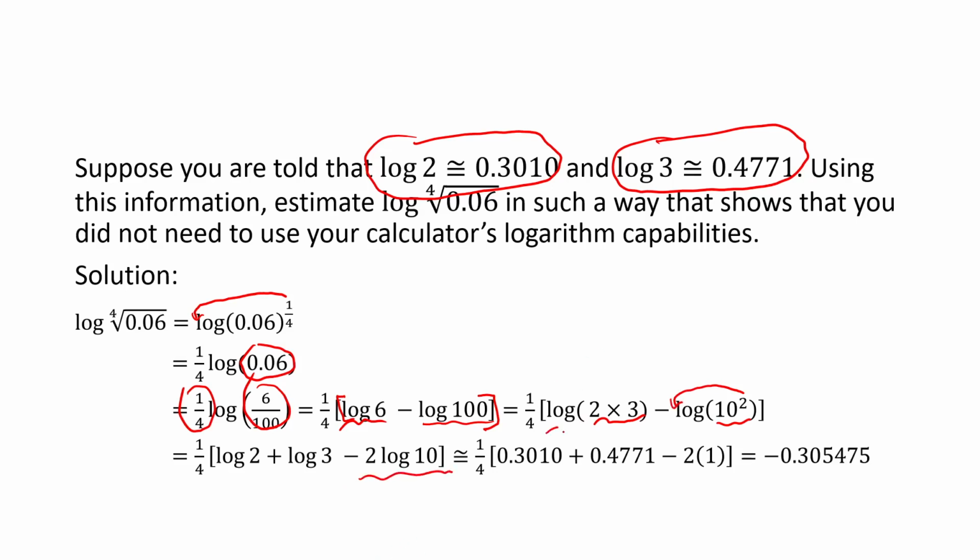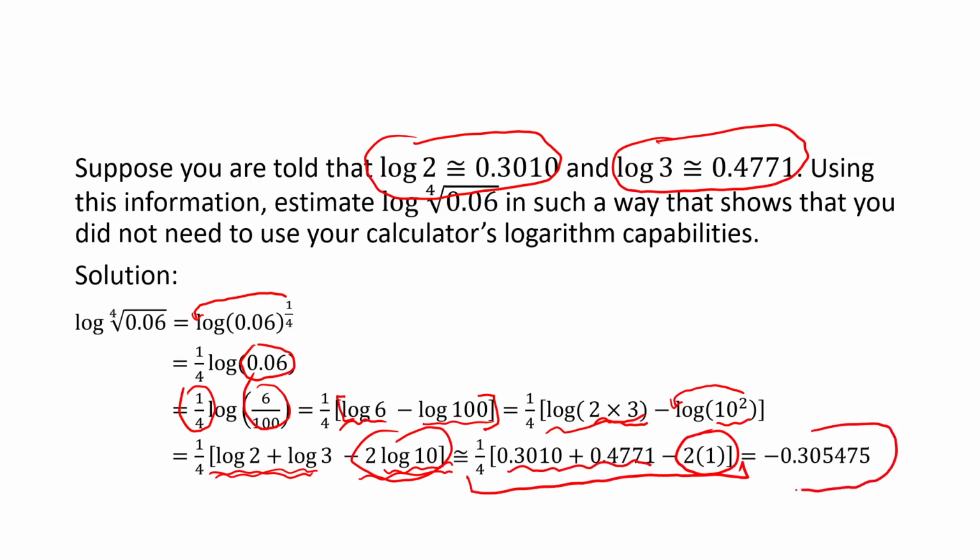And instead of saying log of 2 times 3, I can say log of 2 plus log of 3. For the same reason stated on the prior slide, I know that the log of 10 is equal to 1. So this 2 log 10 is really the same as 2 times 1. And log of 2 plus log of 3 is equal to 0.3010 plus 0.4771. And so what I've got is 1/4 times 0.3010 plus 0.4771 minus 2 times 1.